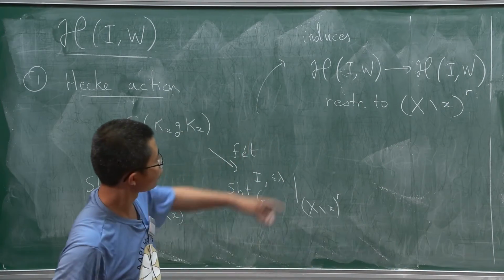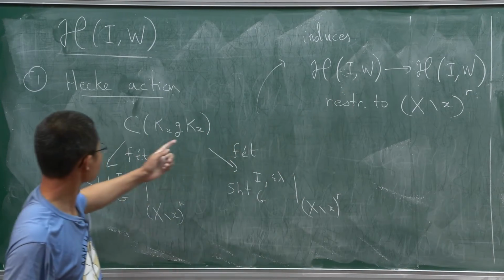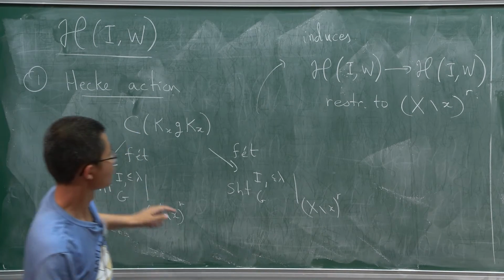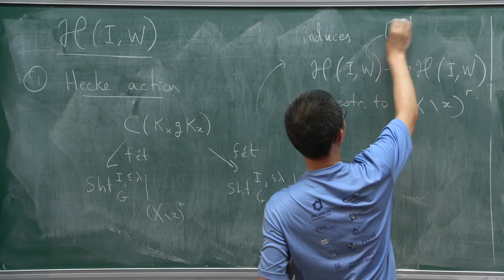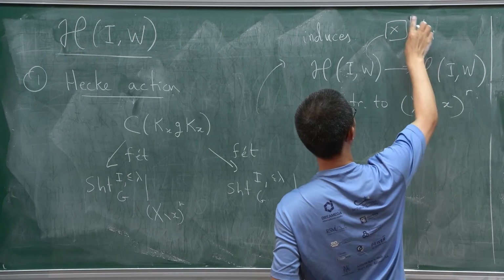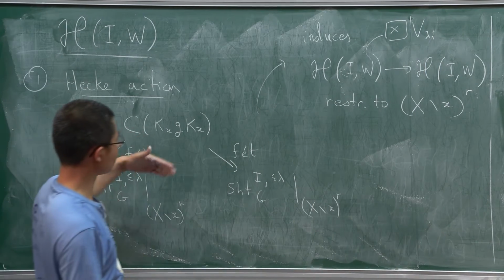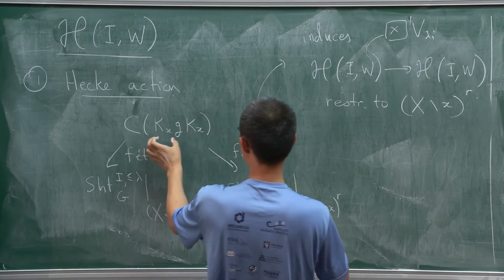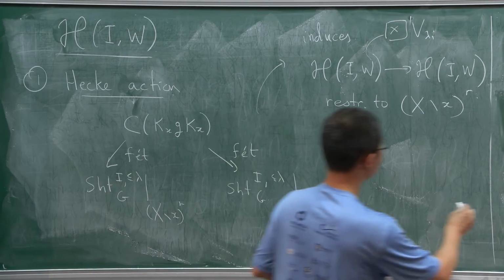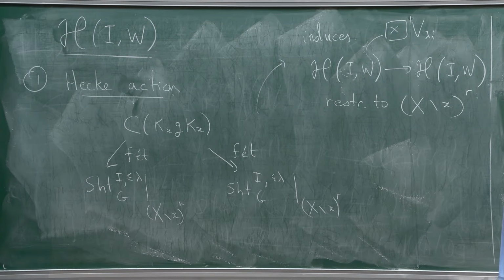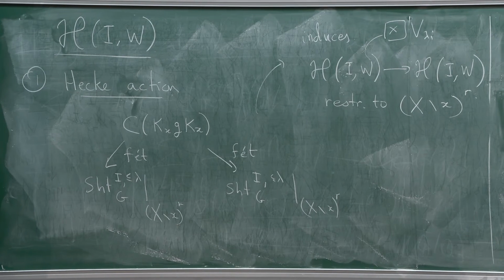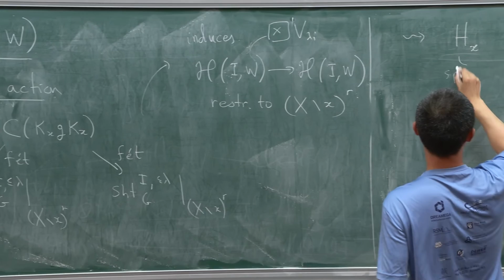Here W is the same data as these lambdas. It's compatible with the algebra structure on the Hecke algebra, this is the spherical Hecke algebra.